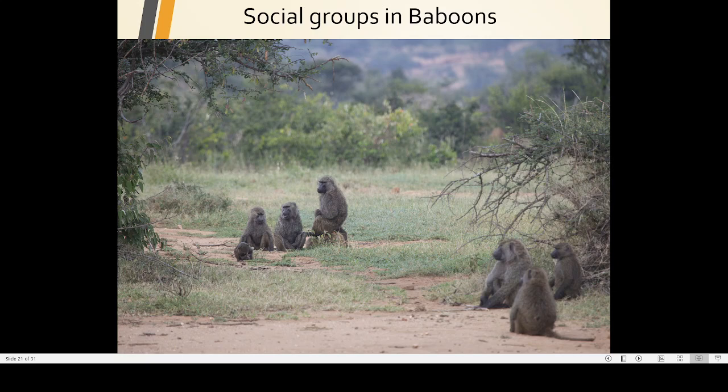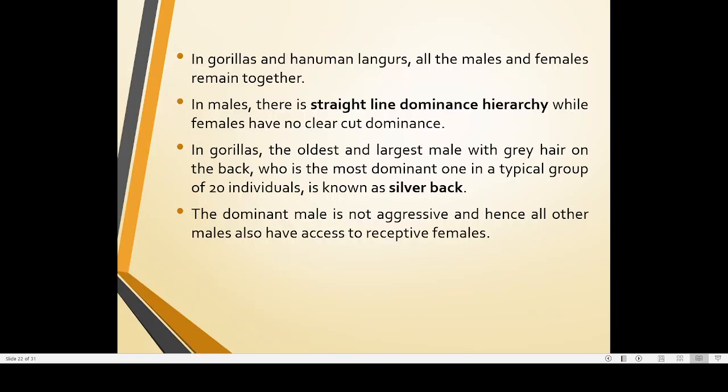In all these animals like baboons and gorilla, the strongest member will usually have more dominance. They will be dictating to all other animals. That kind of social hierarchy is sometimes observed in this group also. That is known as a straight line dominance. The stronger is the most dominant, then comes the next stronger, and the next.